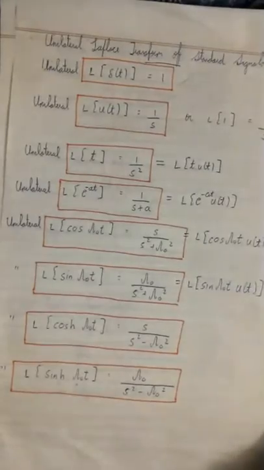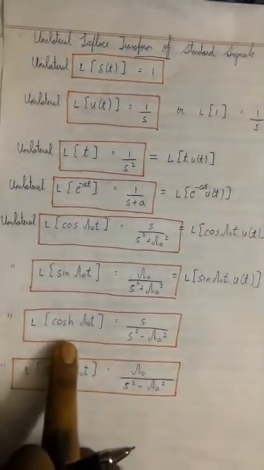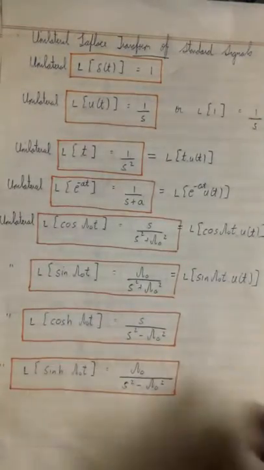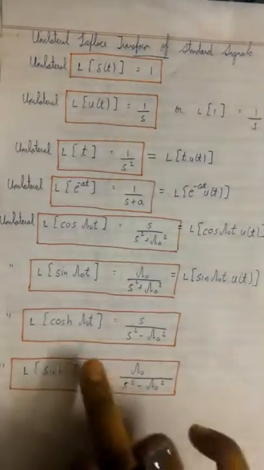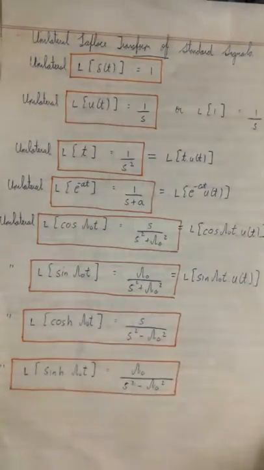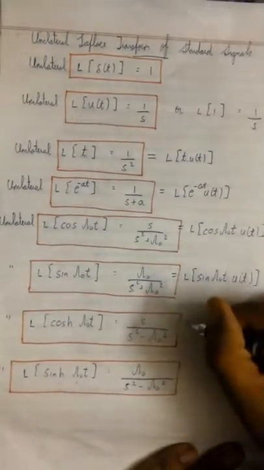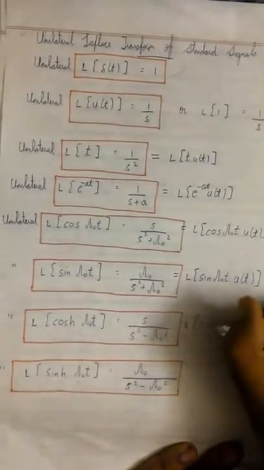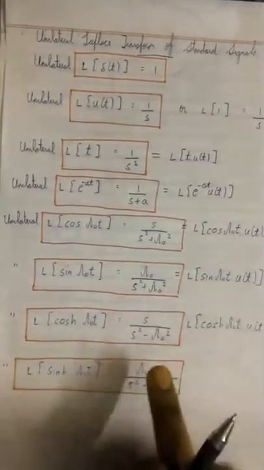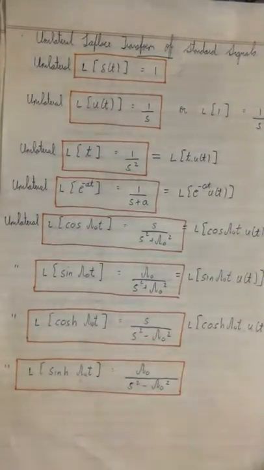Likewise, this is the hyperbolic cosine function, cosh omega 0 t. The Laplace of cosh omega 0 t is equal to s by s square minus omega 0 square, or in other words, the Laplace transform of cosh omega 0 t into u of t is equal to s by s square minus omega 0 square.